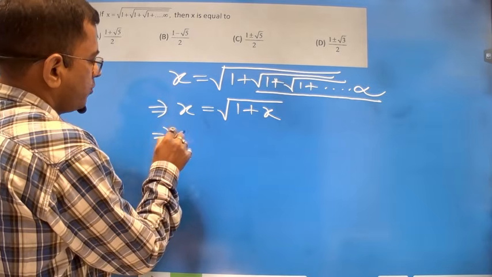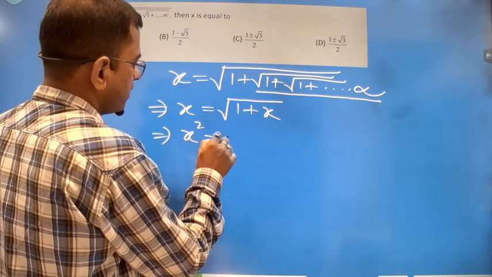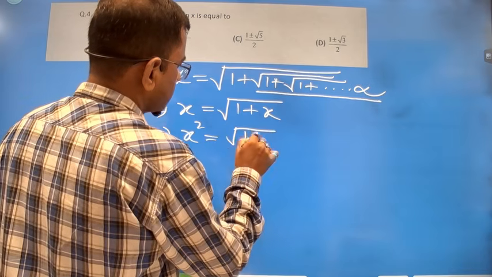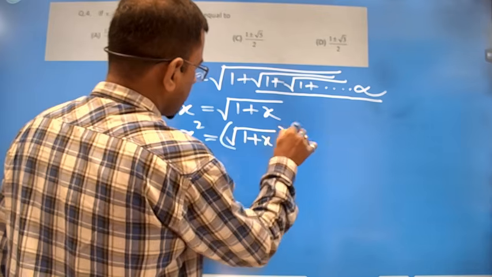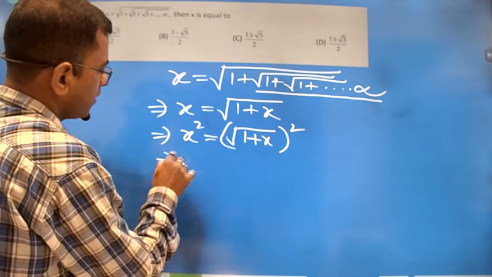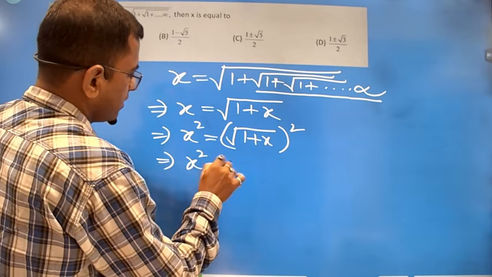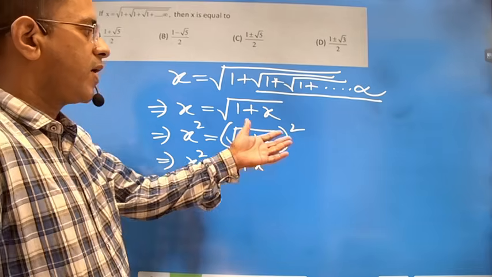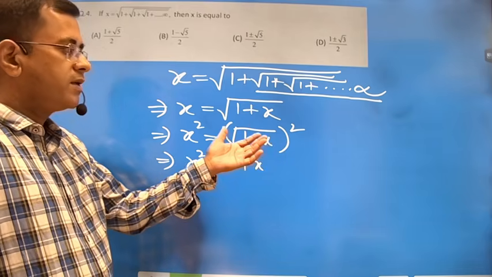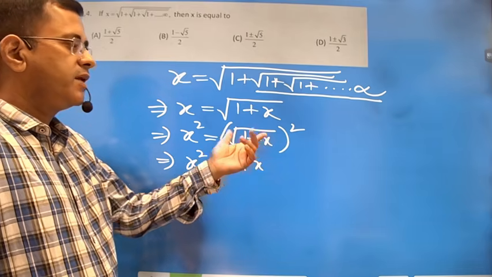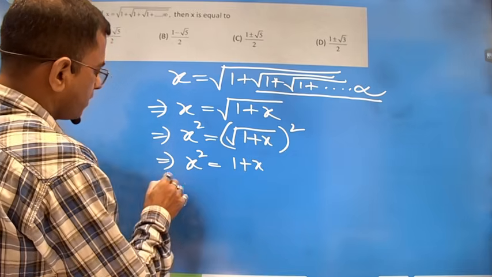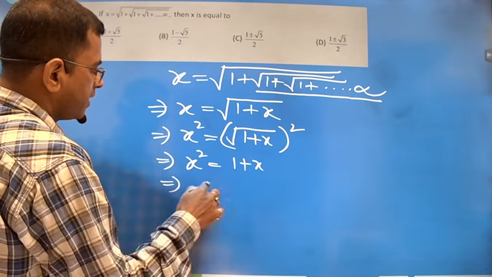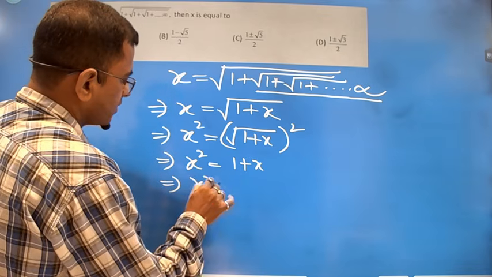Now square both sides: x square equal to root over 1 plus x whole square. So x square equal to 1 plus x, because if you square a square root, the square root is removed. Then bring the right hand side to the left hand side: x square minus x minus 1 equal to 0.